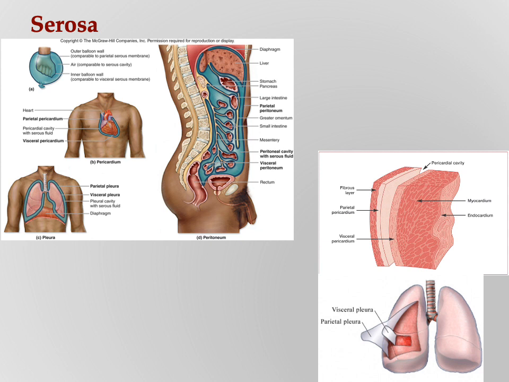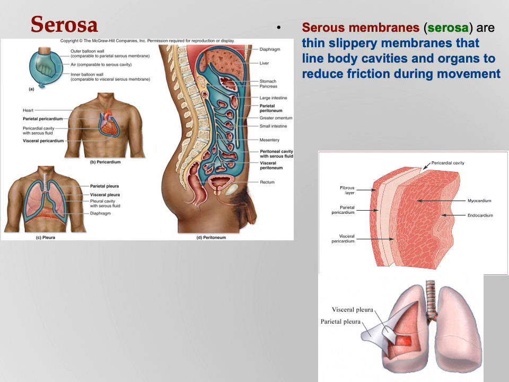And think about all the moving around you do during the day, reaching to pick something up, bending over, standing up, sitting down. Your internal organs are constantly rubbing against one another, and you don't want to get friction burns on your internal organs. So as a result, there are these slippery membranes called serous membranes that line both the organ and the body cavity.